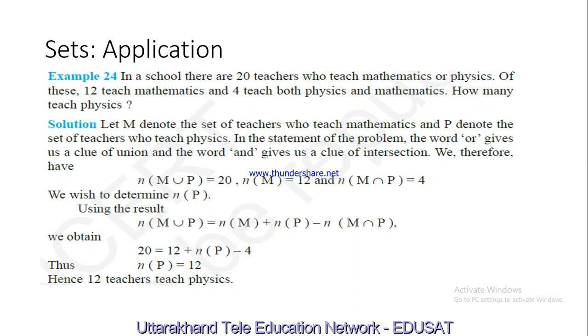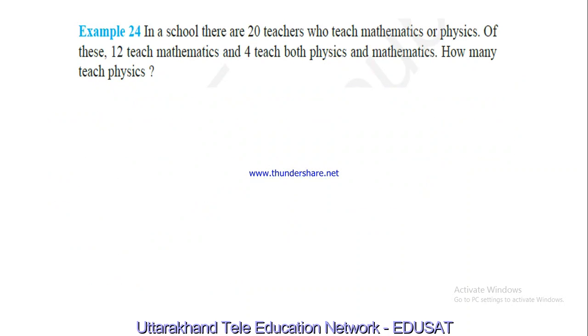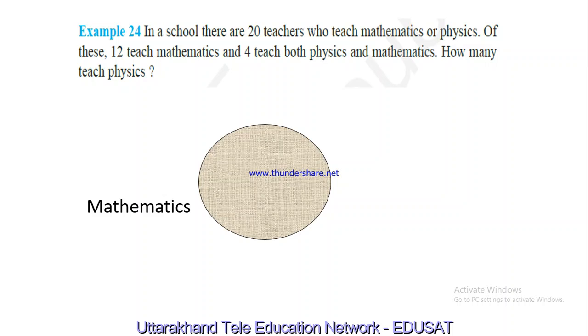Okay, now let us try and solve this question using the Venn diagram. The same question is there. So first thing that we are going to do is we have to draw the Venn diagrams. For mathematics, I have drawn this particular circle, and then there would be a circle for physics. See, as of now we do not know what will be the area of overlap, how many elements would be there in the overlap, but you don't need to worry about it.